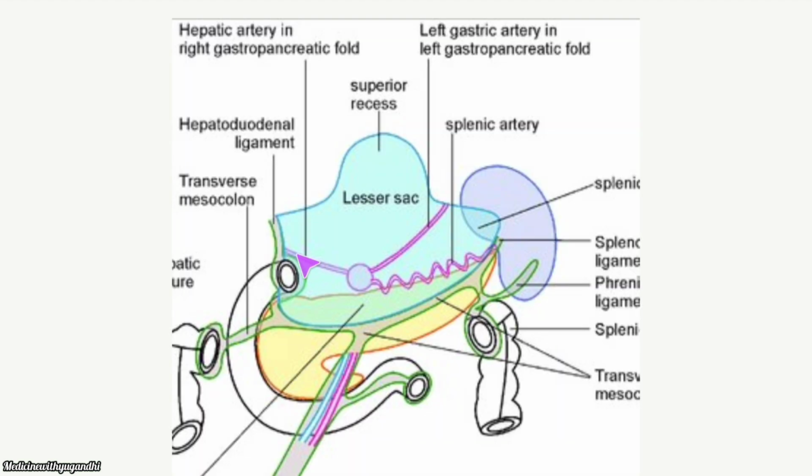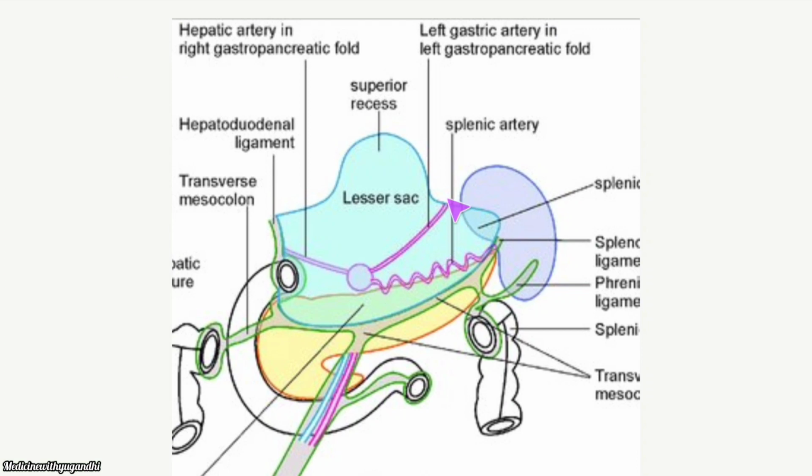One is the right gastropancreatic fold. This fold rises from the posterior abdominal wall, and the hepatic artery lies within the right gastropancreatic fold. The left gastric artery, arising from the celiac trunk, follows a course upwards and backwards, so the left gastropancreatic fold arises along with the course of the left gastric artery.